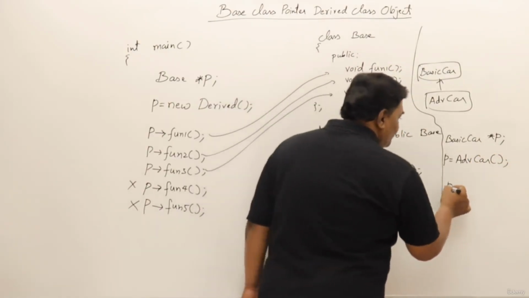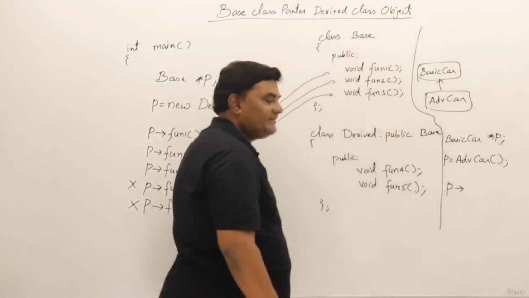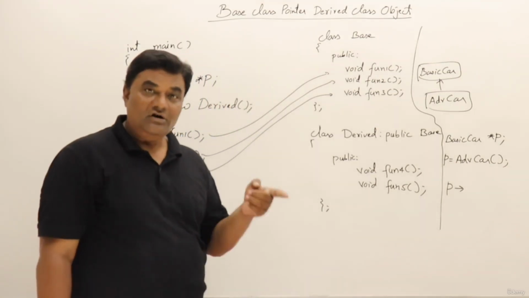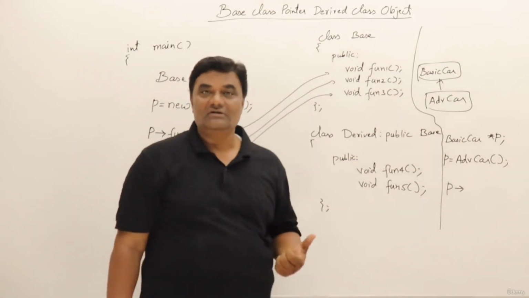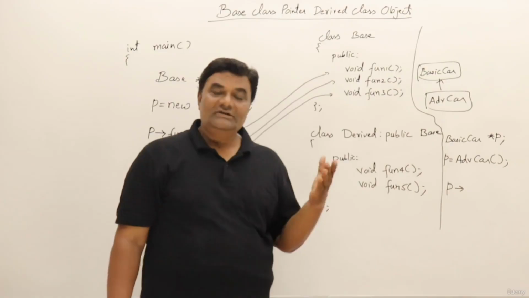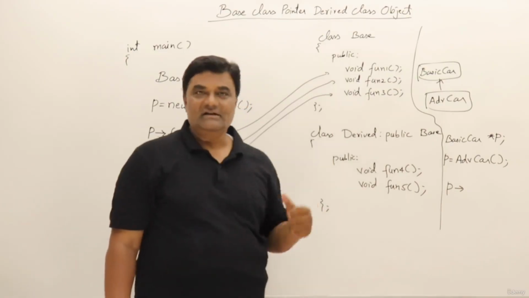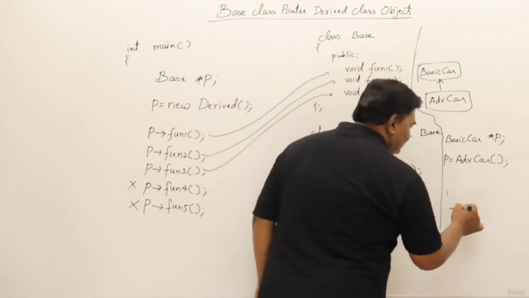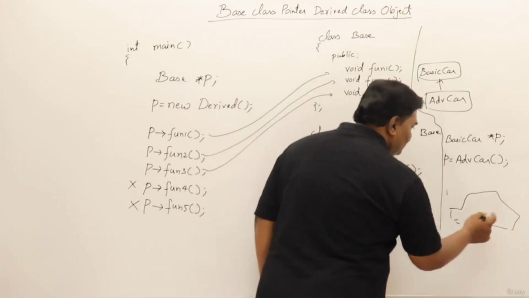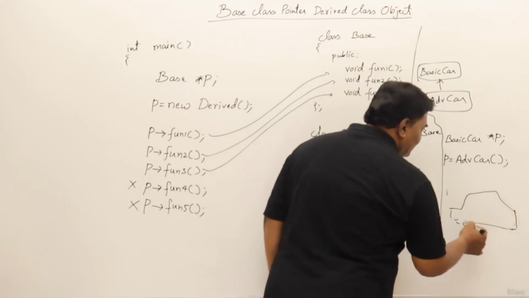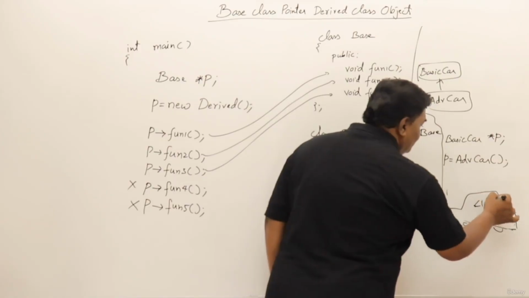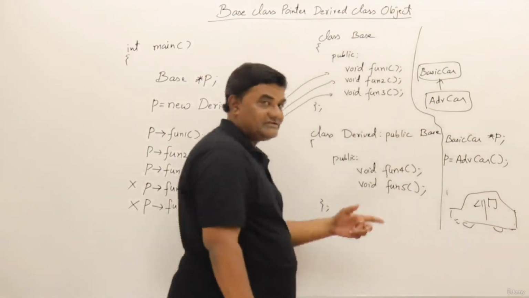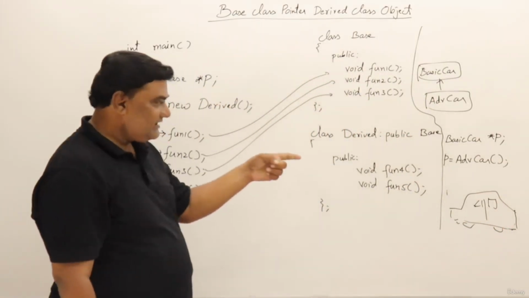And when you use the basic car class pointer and you call the functions, which functions can you call? You can call only the functions which are present in basic car. It is just like you know basic car, but there is an advanced car here with all the extra features in the car, right? So some extra features are there.